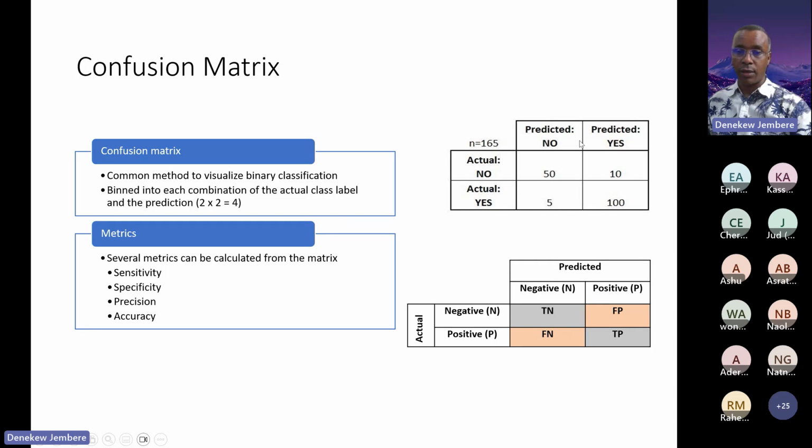A confusion matrix enables you to calculate the performance. As you can see in this graph, we can have the predicted value as negative and positive, and the actual value as negative and positive. Then negative to negative is called true negative. Positive to positive is called true positive.